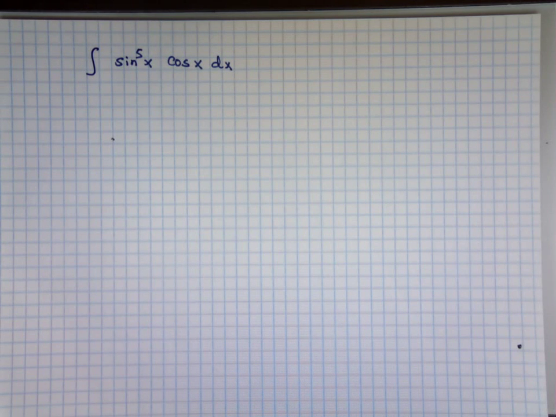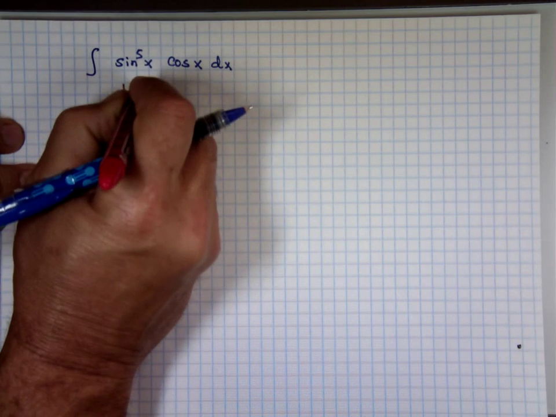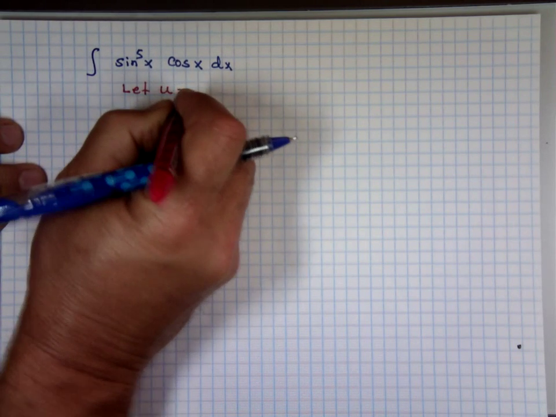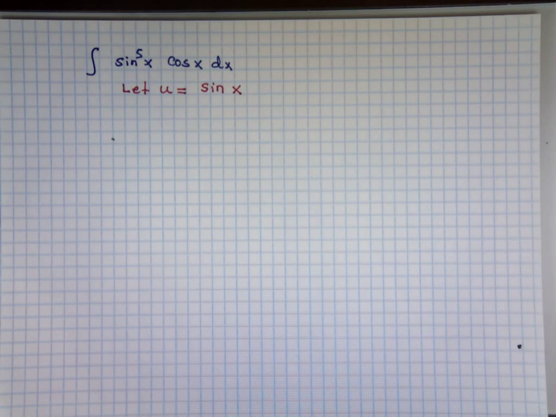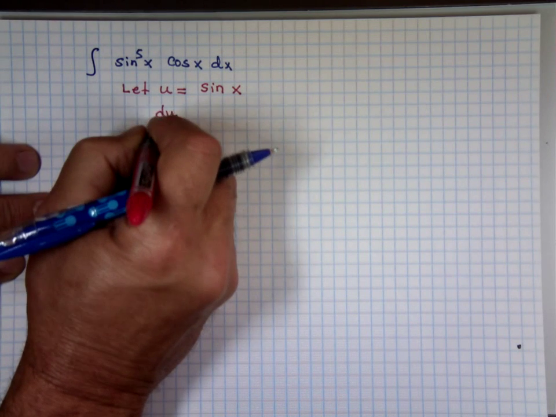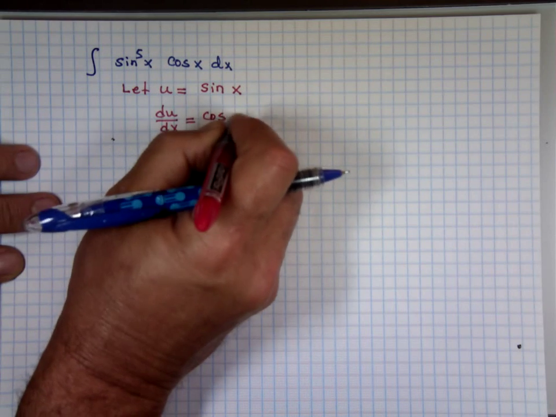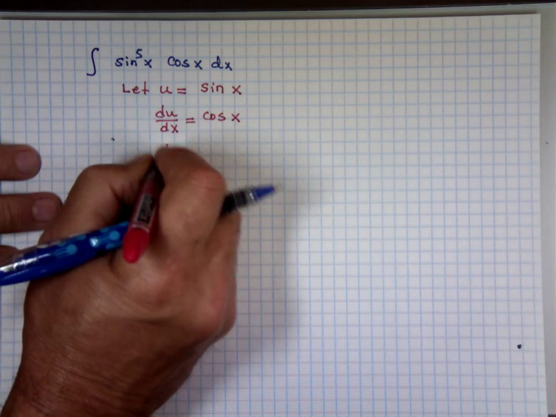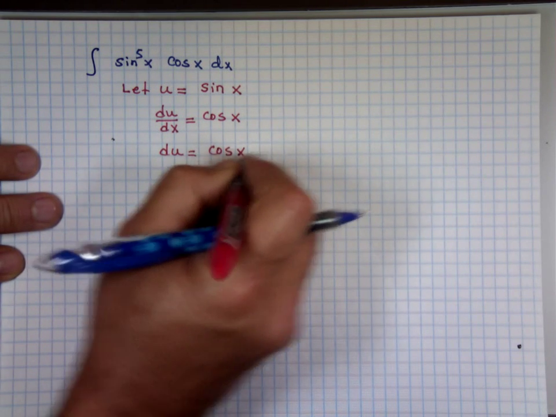Cosine. So let u equal sine of x. What's the derivative of that? It's cosine of x. Which means du equals what? Cosine x dx.